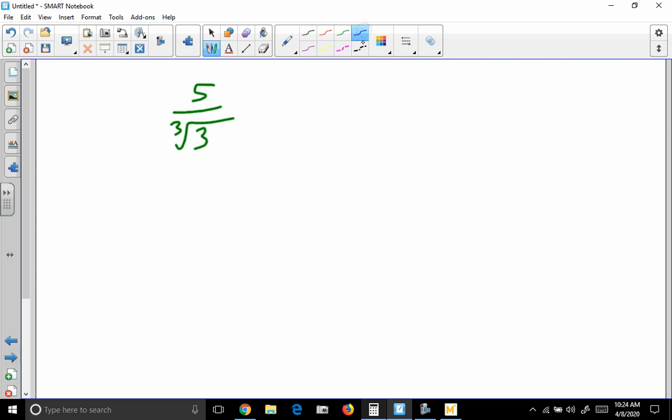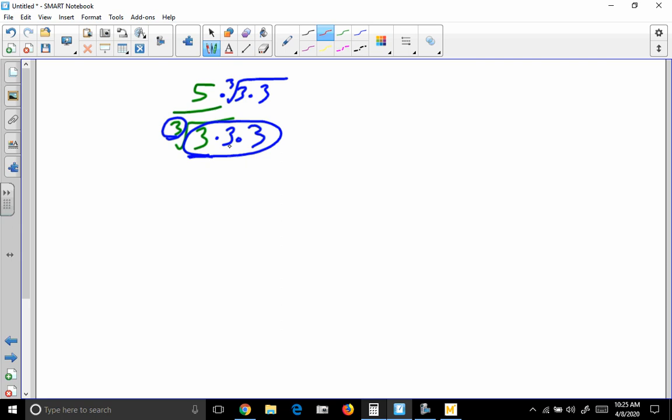So let's look at this one. This time we're taking a cube root, so we're looking for groups of size 3. We only have one 3 under the radical, so we have to have 2 more. Now we have a full group of 3 3s. Of course, if we pick up 2 3s under the cube root on bottom, we have to pick up 2 3s under a cube root on top. 9 under the cube root there, 9 under the cube root there, so we picked up the same amount.